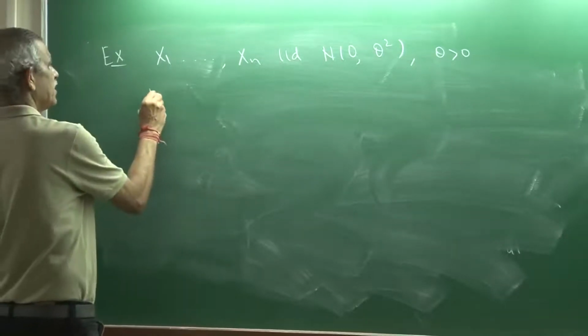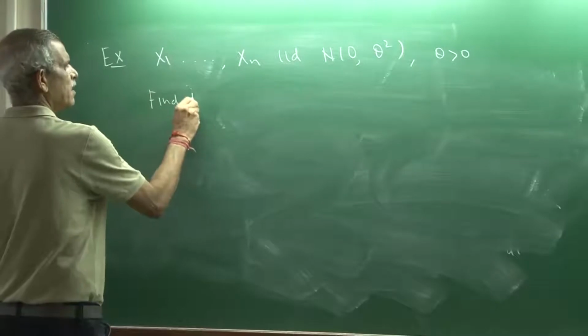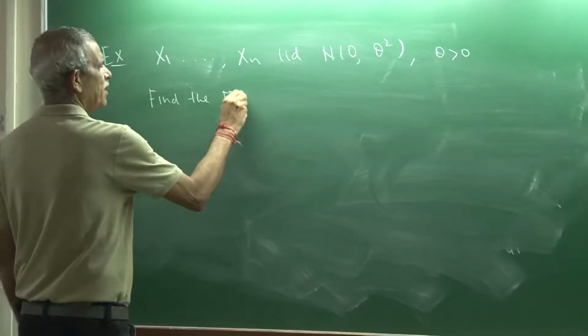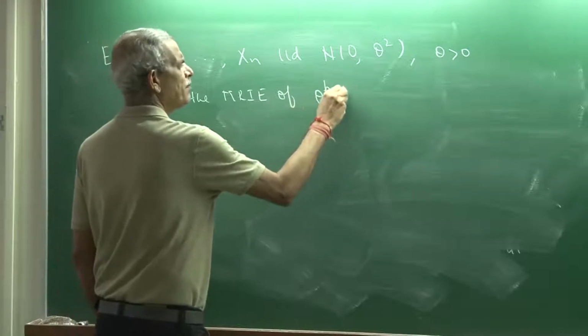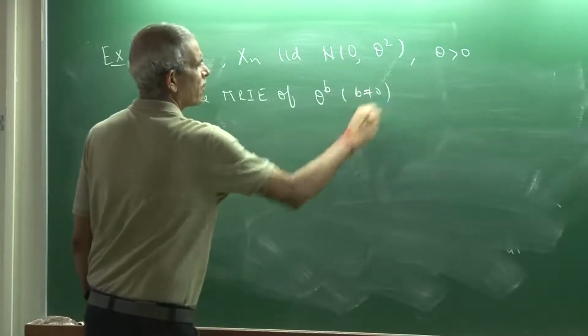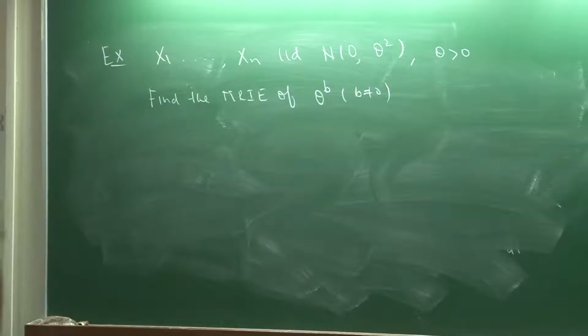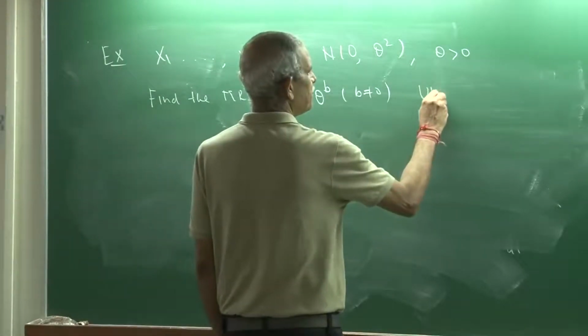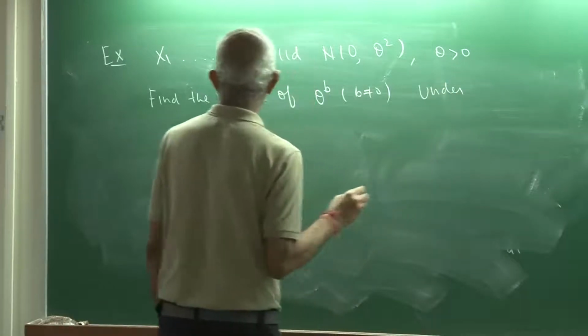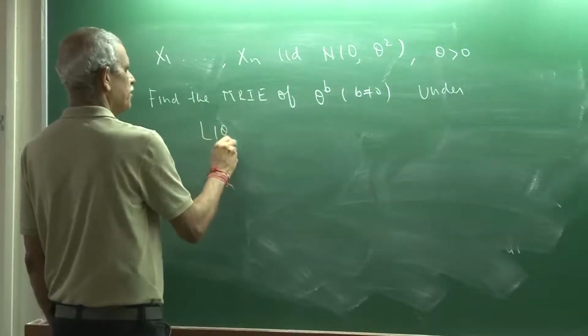Find the MRIE of theta to the power b. Let us take theta to the power b for convenience, under the following loss function.